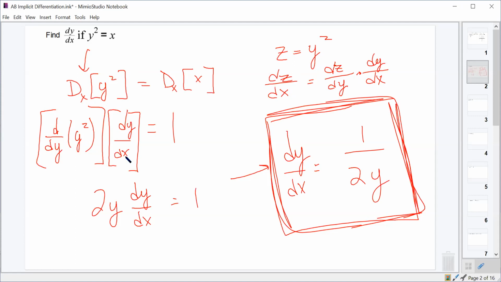Okay. Is that good or no? Yeah. Okay. And so you're going to see this pattern will just repeat over and over again. This is the same thing. Every time you take the derivative of y with respect to x, you get a dy dx term. And it's just us extending out the chain rule through some extra variables.